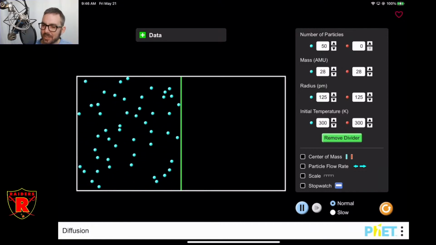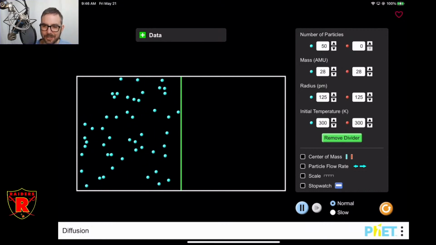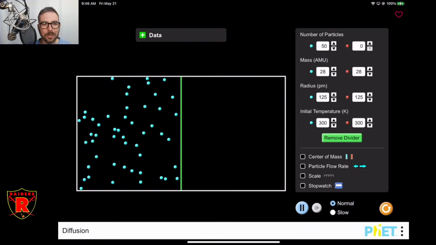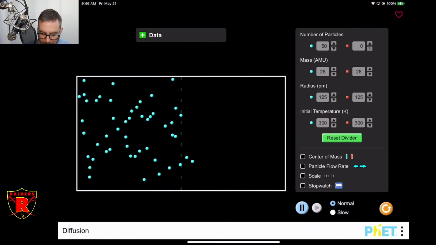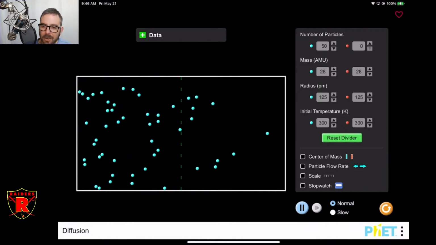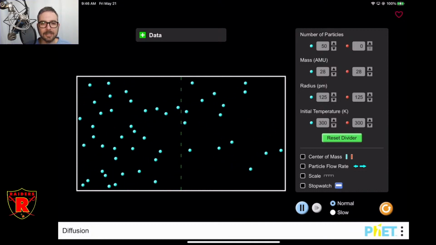So that feels right in your gut, right? Right, Anastasia? Right, Jaleel? Serena? They're going to spread out. They're going to go through the entire room. And so if I remove the divider, you're gonna see exactly that happening.